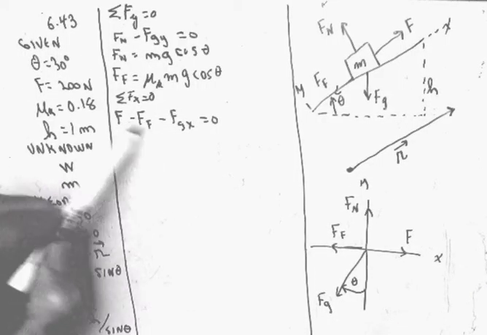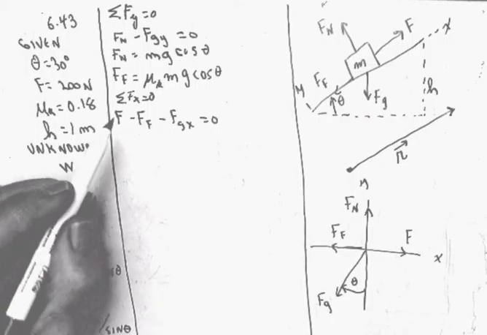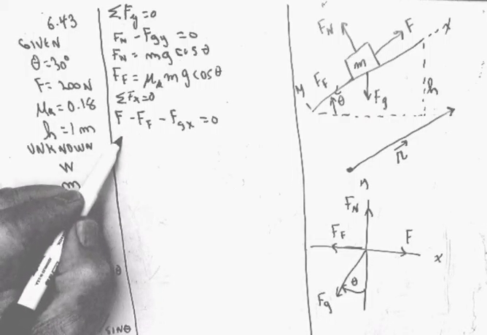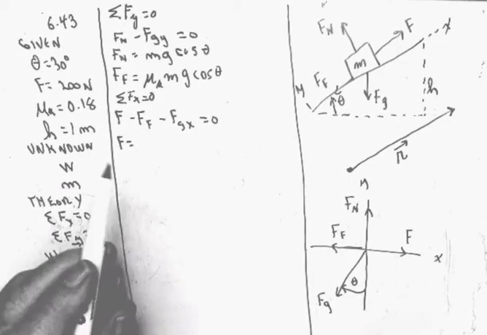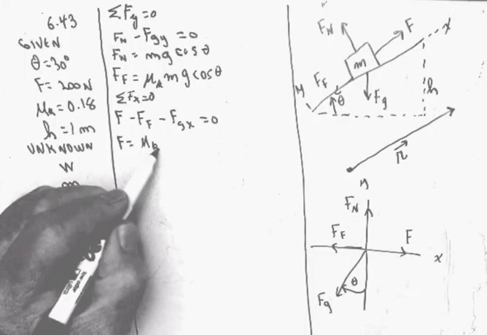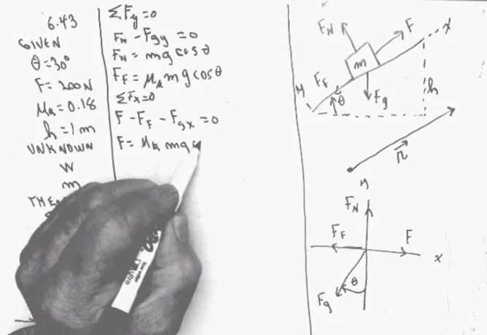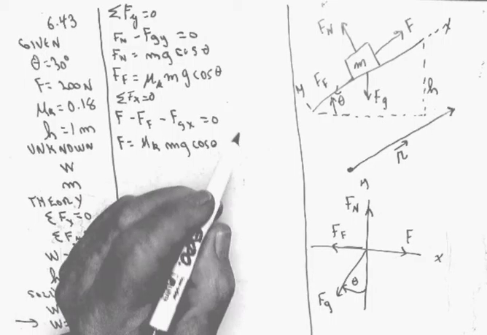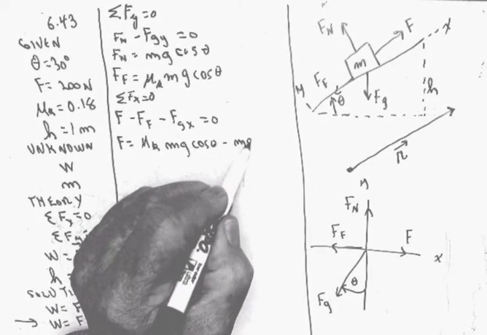Well, all I have to do then is put in the force of friction and find the x component of the force of gravity. So I'm going to just solve for F. F equals the sum of these two on the other side of the equation. Here's the force of friction, that's mu sub k times mg times cosine theta. And then I have to subtract the x component of the force of gravity, mg sine theta.